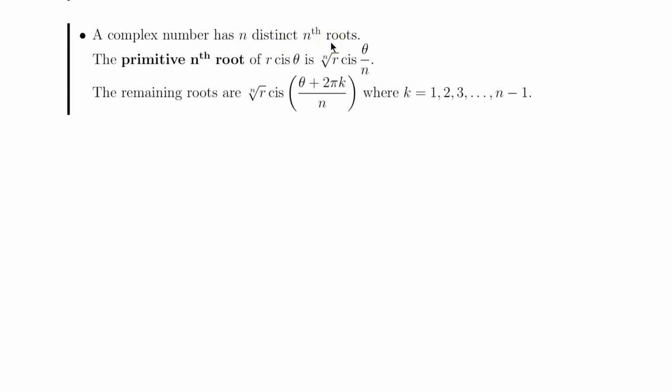So if we want to find the fourth root, there will always be 4 of them. If I want to find the fifth root, there will always be 5 of them. If I want to find, let's say, the 1,000th root, there will always be 1,000 of them. Now, to find all these roots, we will start off with the first one.